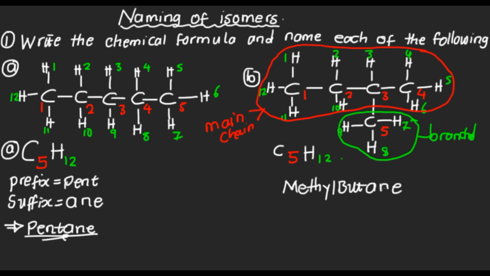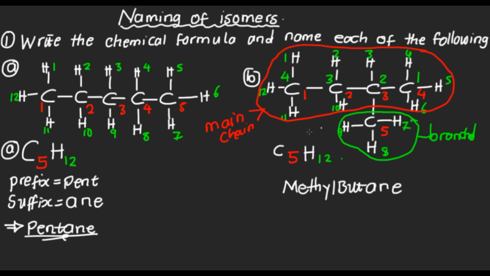We need to show the number of the locant where the branching is located. So to identify that, I'm going to number. We've numbered from the left going to the right, so I'm going to number from the right going to the left. So this is 1, 2, 3, 4. So what do we mean by this? This branching is located on this carbon.